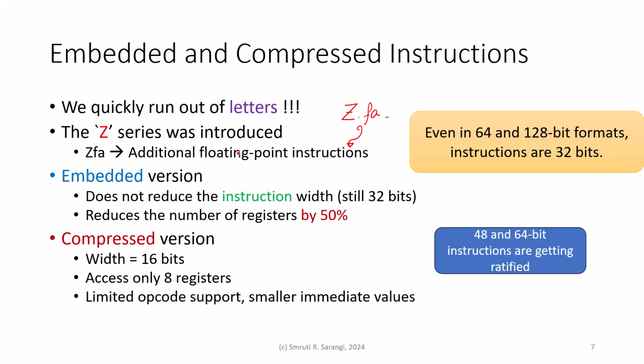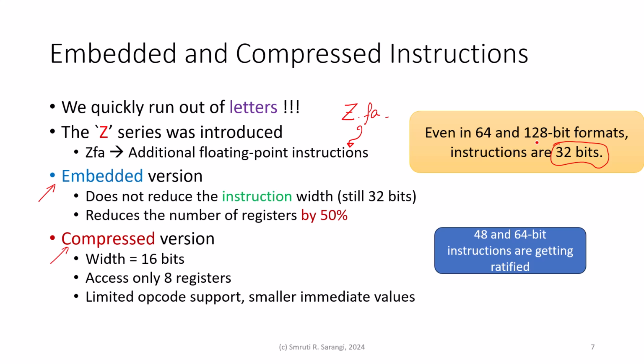So now let's come to the embedded and compressed versions. But before we talk about them, we need to understand that the instruction width has been set to 32 bits even in wider formats, even when the data path is 64 or 128 bits, which basically means that the register size and the memory address size is 64 or 128 bits. The instruction size has still been kept to 32 bits for the sake of compatibility, ease of use, and so on and so forth.